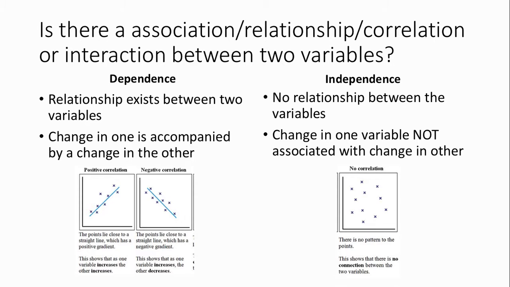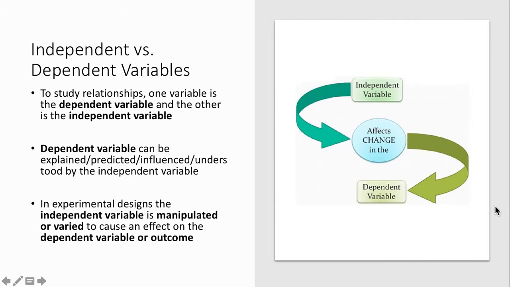For example, if you look at correlations, a change in one results in a change in the other, either a positive correlation, meaning as one value goes up, the other one goes up, or negative, as one goes up, the other goes down. Or if you were to run a correlation and see no relationship between these two variables, a change in one variable is not associated with a change in the other. I'm going to pause there, and then you guys can continue watching the next video.